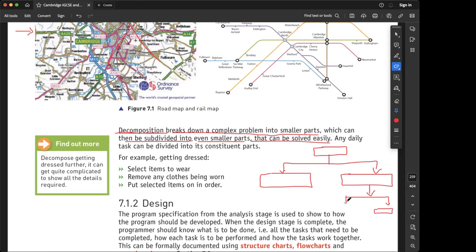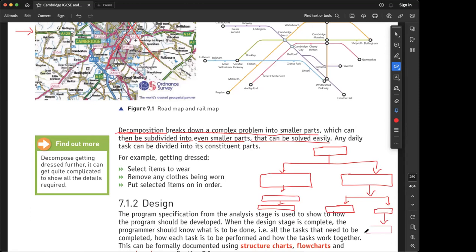Are you getting it? So breaking down your problem again and again into smaller parts, and then again into further smaller parts, is called what?